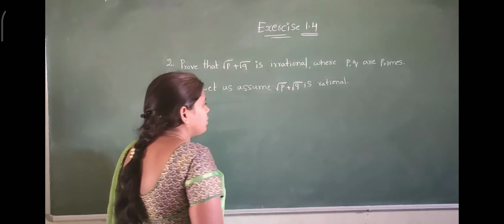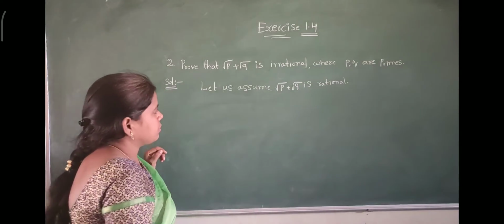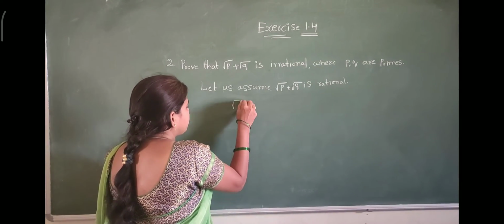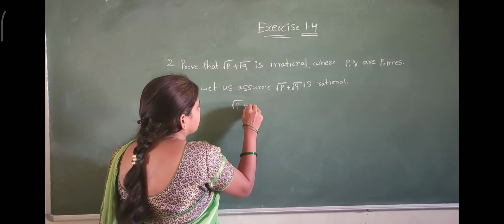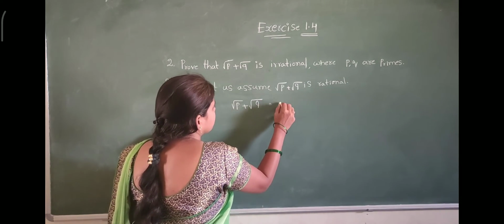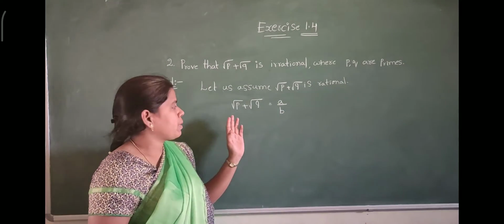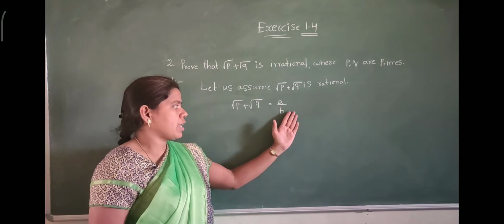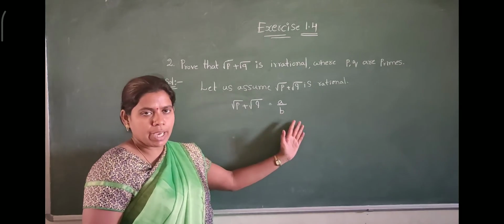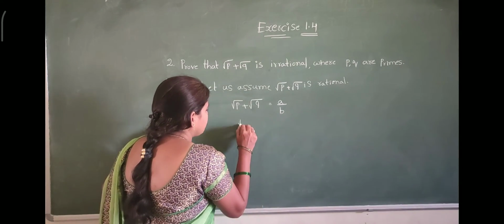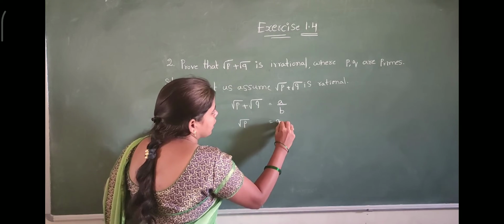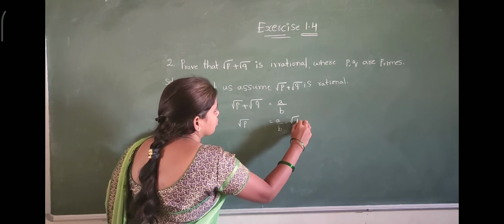A number which is in the form of a by b. So root p plus root q is equal to a by b. If you transpose root q from LHS to RHS, it becomes minus root q. So root p is equal to a by b minus root q.